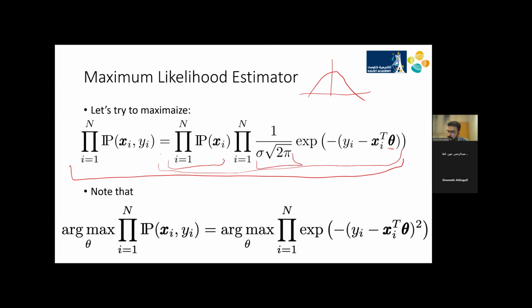This term doesn't contain any theta. Only this term has some theta here. So if we just maximize this term, then the whole thing will be maximized, right? All right, understood, doctor. So when we want to maximize this thing, we just need to maximize this part.